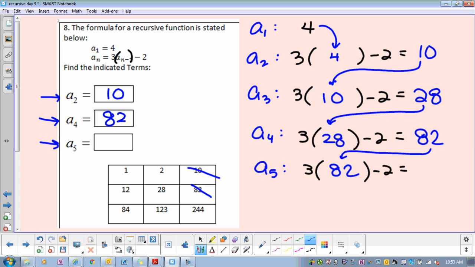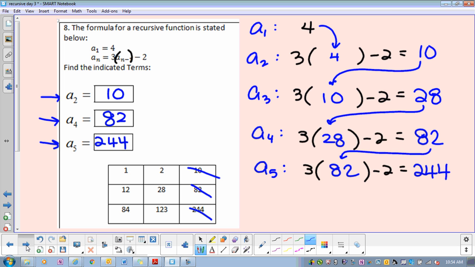And then 3 times 82 minus 2. Yes, 244, yeah. Literally just did this. I don't know why it took me so long to think about that one. Okay. Are we okay with this?